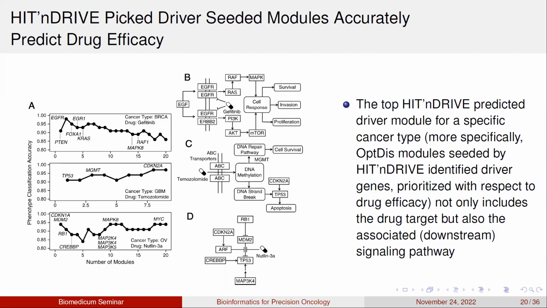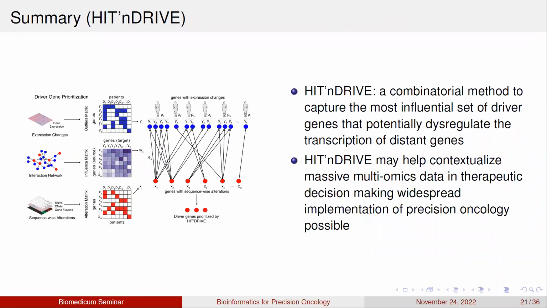There are numerous different analyses that I've done that are present in the paper, and I've just highlighted a couple of them. In summary, we have developed an algorithm, Hidden Drive, which collectively measures the effect of multiple driver genes that have the maximum impact on the changes in the expression or activity of the target genes.